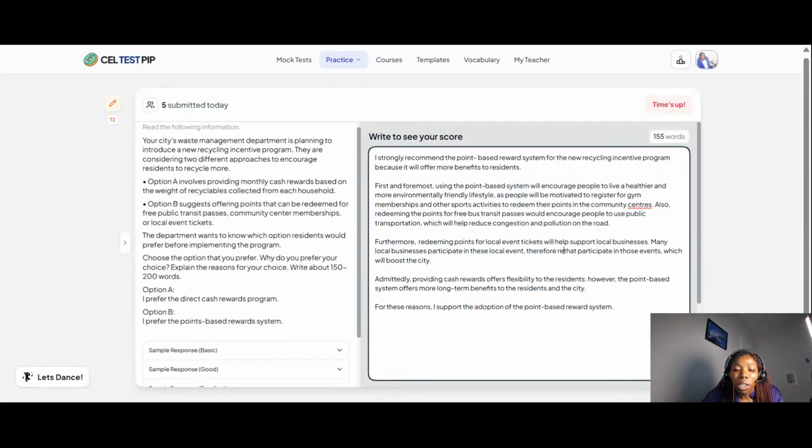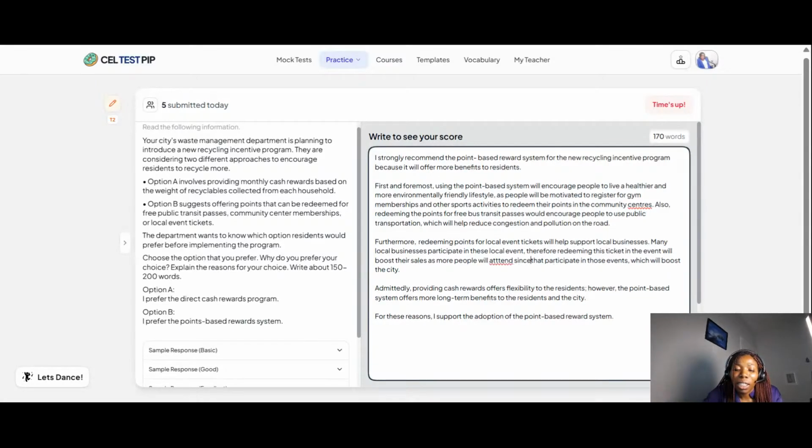Therefore, redeeming this ticket at the event will boost their sales, as more people will attend in order to redeem their tickets.